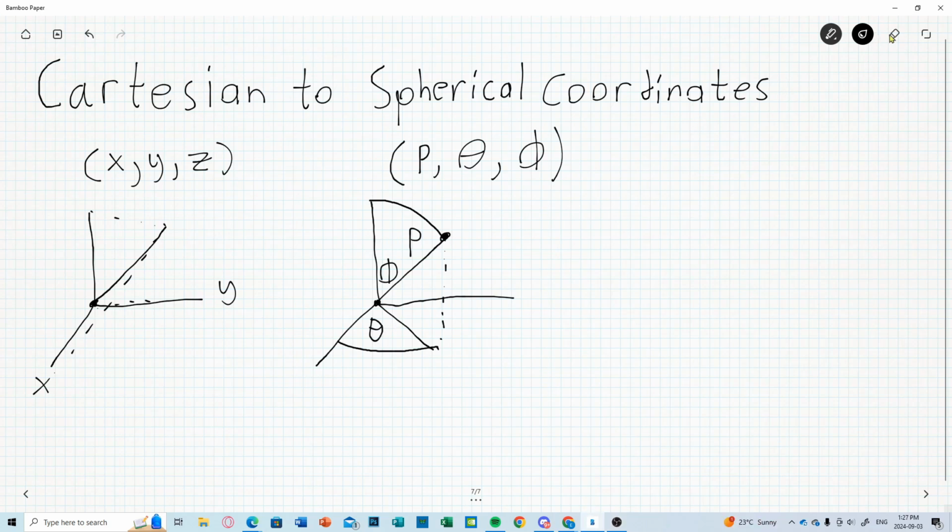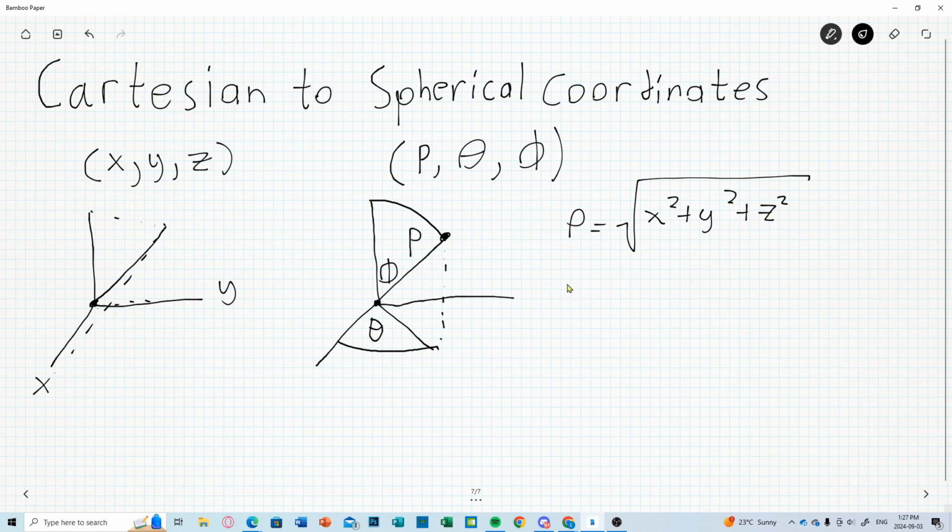So now, to go from Cartesian to spherical coordinates, in order to find rho, we'll have to find the radial distance by this formula: the square root of x squared plus y squared plus z squared.